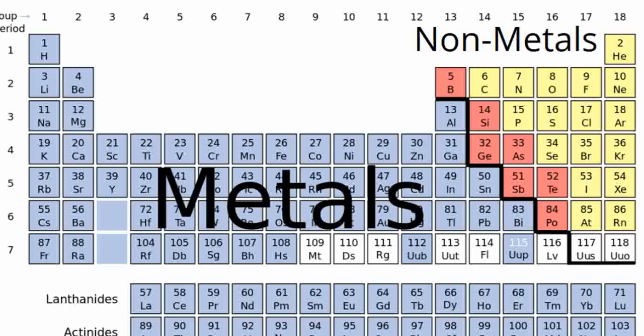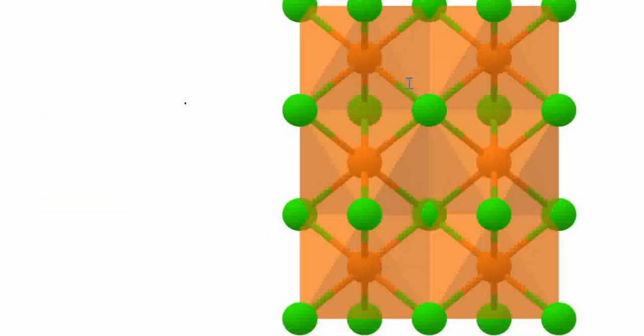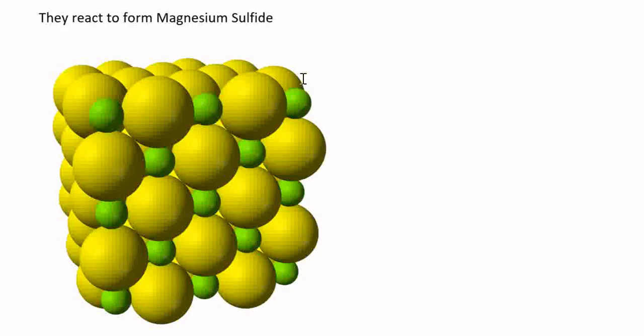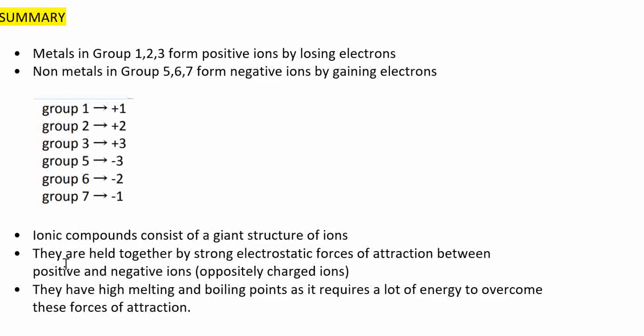Next point, ionic compounds consist of giant structures of ions, like MgCl2, or magnesium sulfide, or sodium chloride. Next point, they are held together by strong electrostatic forces of attraction between positive and negative ions, or oppositely charged ions.